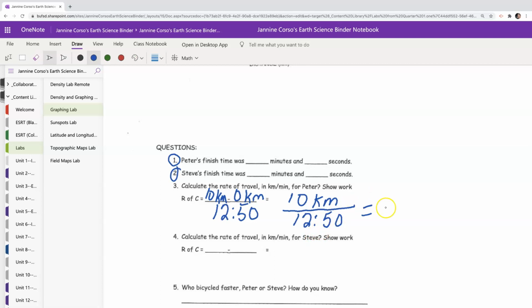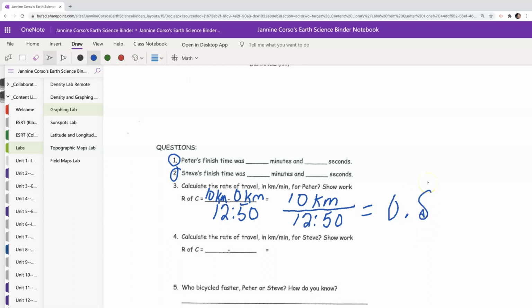Let me grab a calculator so I can give you the exact number and show you how I round it. If I do 10 divided by 12.50, it doesn't give you a long number, which is great: 0.8.